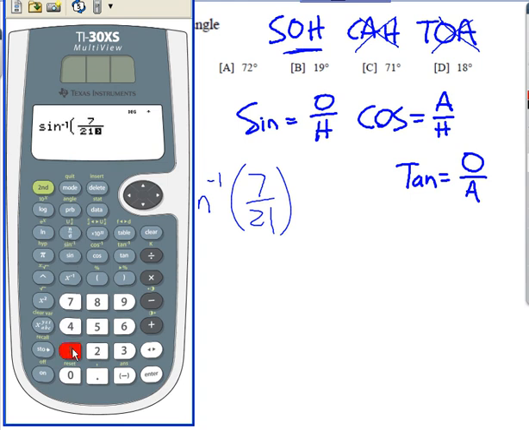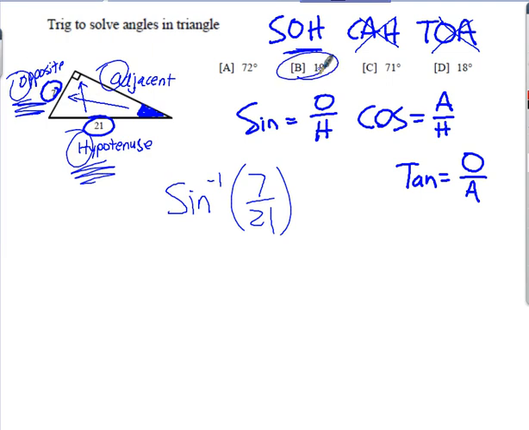And whoops, let me get out of that and delete that. Come out of this, I can close the parentheses, always a good idea. On this particular one I didn't have to, and I get 19.47. Is that one of our choices here? Yeah, we've got B is 19. They didn't really say, I don't know if they were saying to the nearest degree, but that would be B.